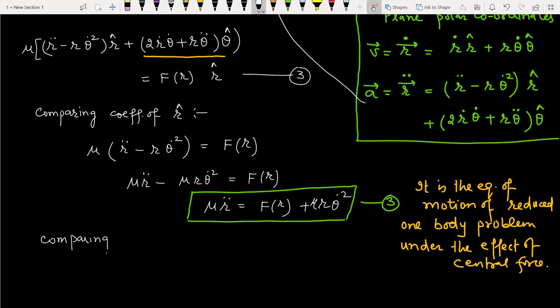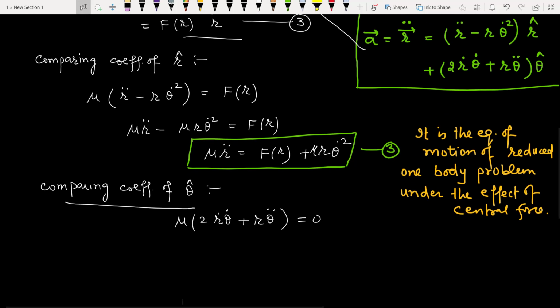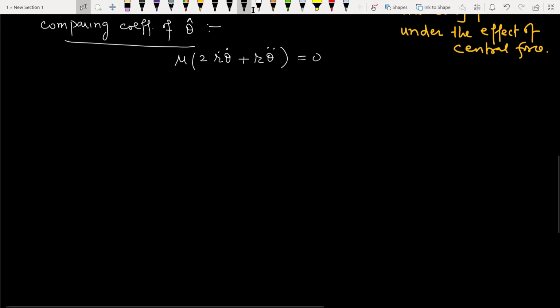Comparing the coefficient of theta cap, it is mu into 2 r dot theta dot plus r theta double dot, equal to 0, because on the right hand side there is no coefficient of theta cap.